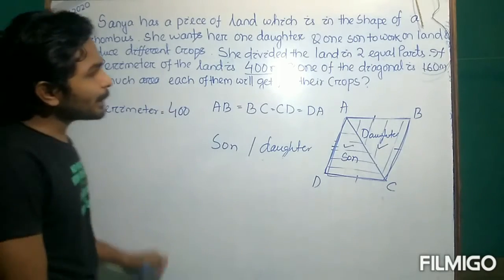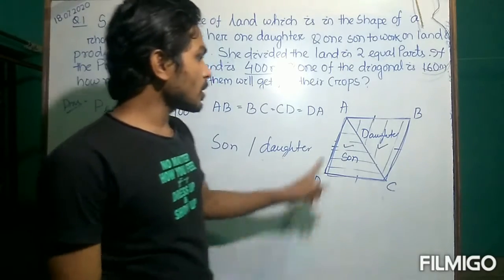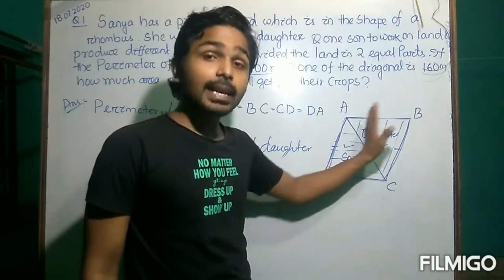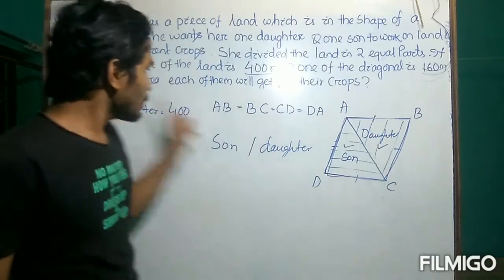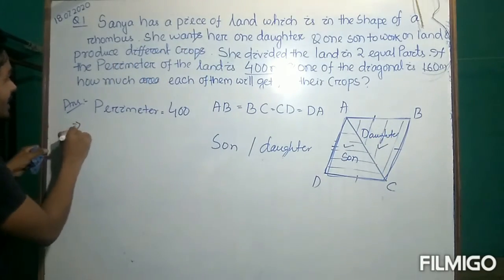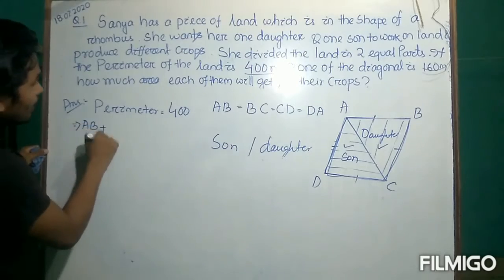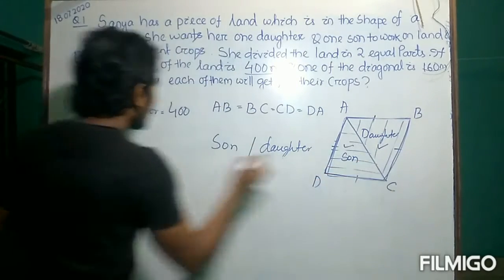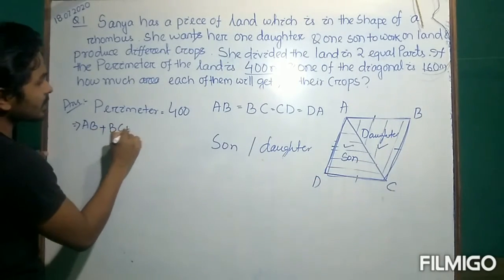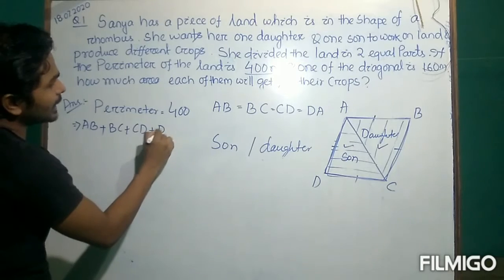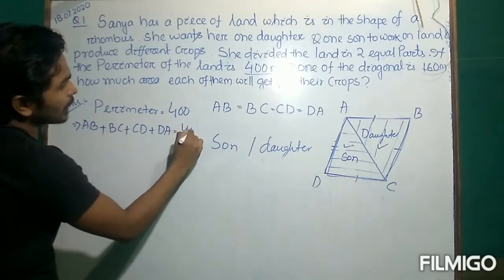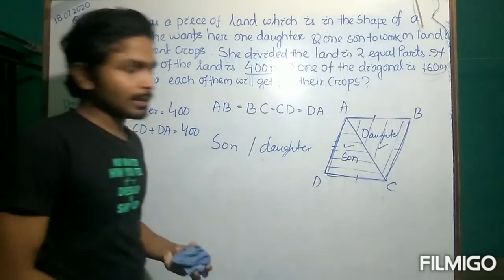So what does perimeter mean? Perimeter means the sum of all the sides. Since it has four sides, we can write perimeter means AB plus BC plus CD plus DA is equal to 400 meters.